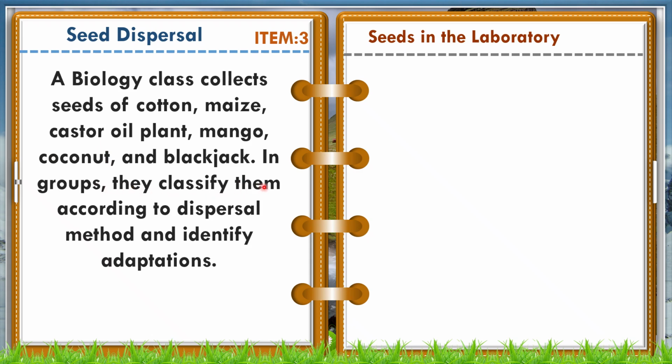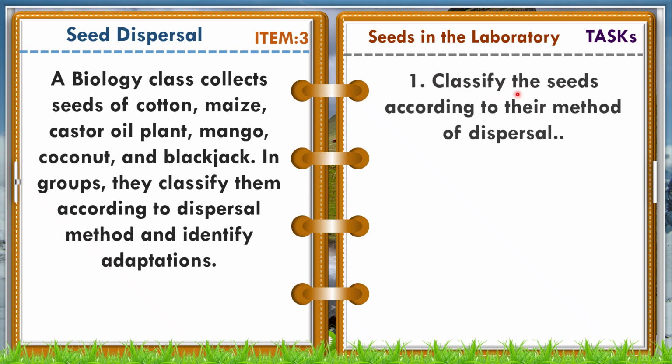They classify them according to dispersal methods and identify adaptations. Tasks. Classify the seeds according to their method of dispersal.